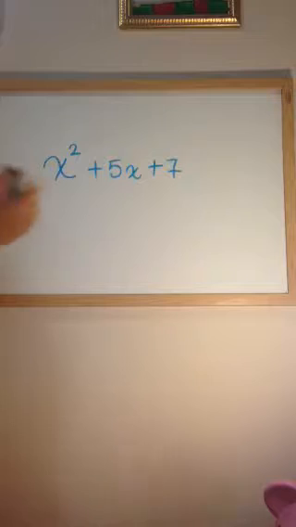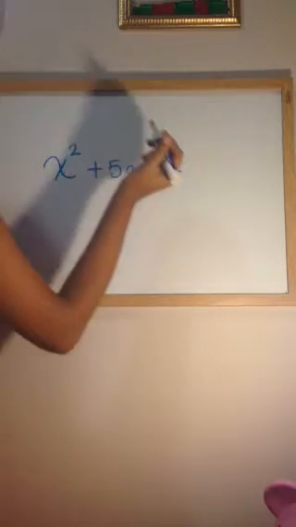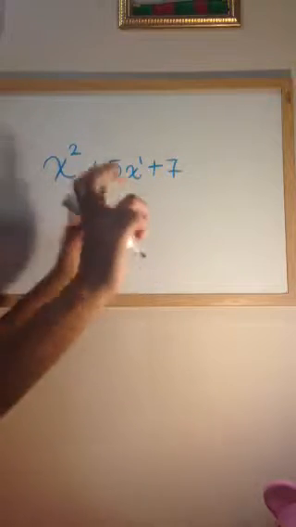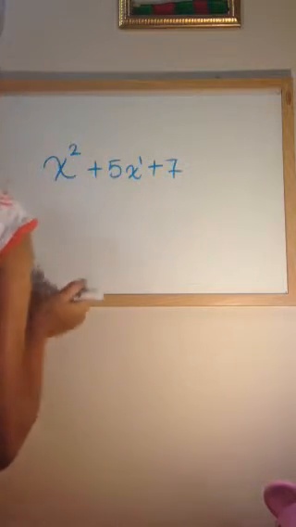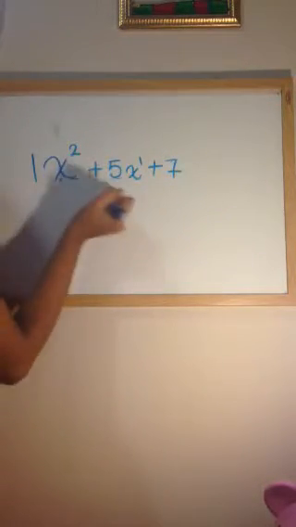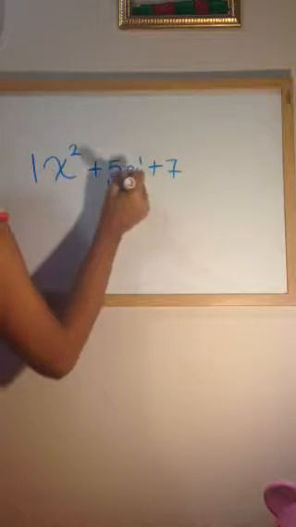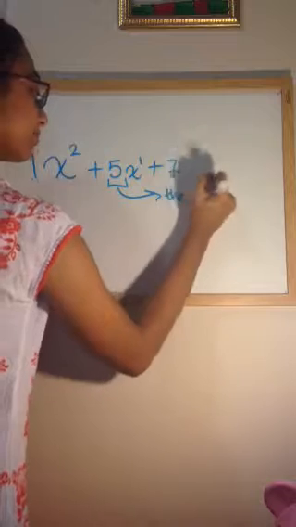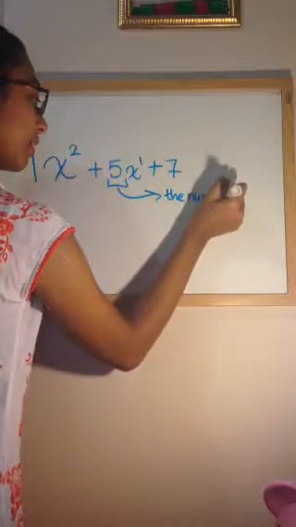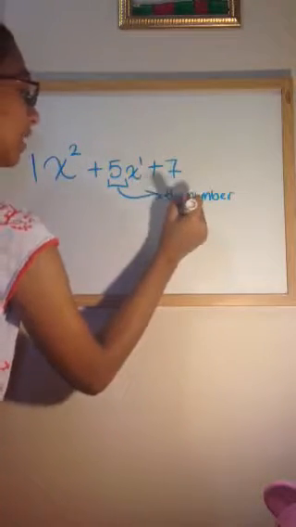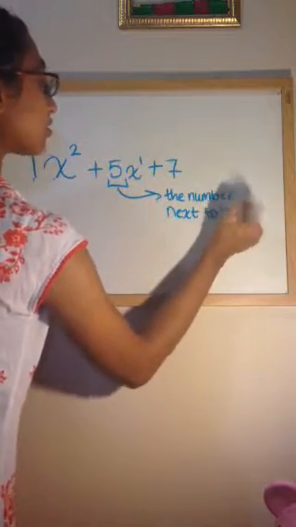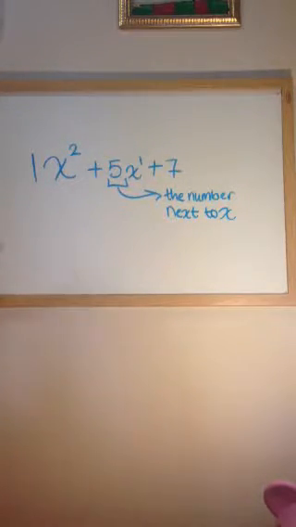What you do is first find all the missing exponents, they're actually still there, and missing coefficients. Coefficients, by the way, are the number next to x, or multiplied by x.